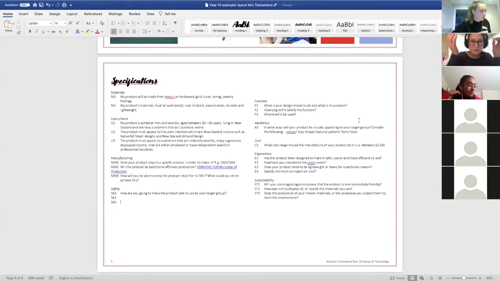Because we're being a little bit general. If it was a brooch that I was designing, I'd say my product must be able to fasten to the garment of the user and stay there until the user removes it without falling off. See, stays there, doesn't fall off.